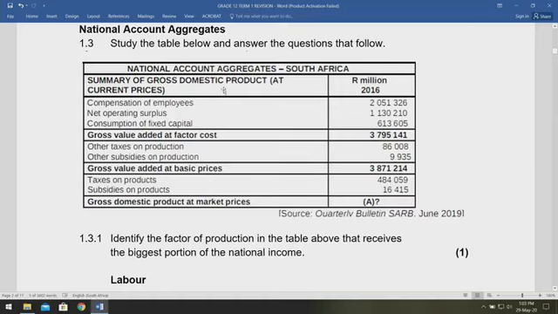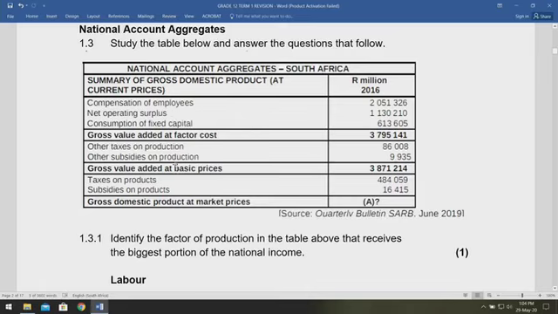And obviously the method being shown here is the income method. Now all of this I look at first before I look at the questions that follow. So now I know exactly what I'm dealing with. I'm looking at a table representing the calculation for GDP using the income method.